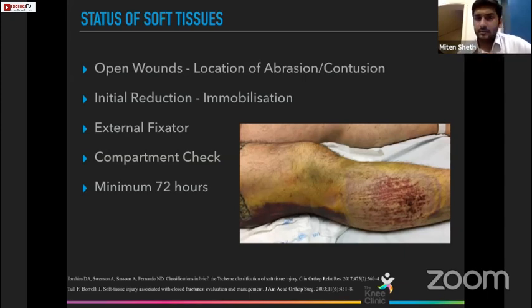So this is important because many a time we receive calls from my colleagues who are going to put in an external fixator for a tibial plateau fracture, and they ask this common question that, okay, I have a tibial plateau fracture that's looking unstable and I'm going to put in an external fixator. Do you want to do some soft tissue work at the same time?